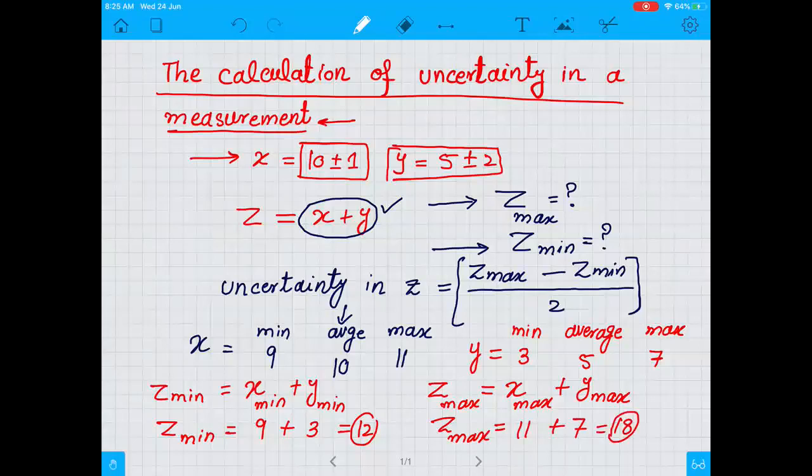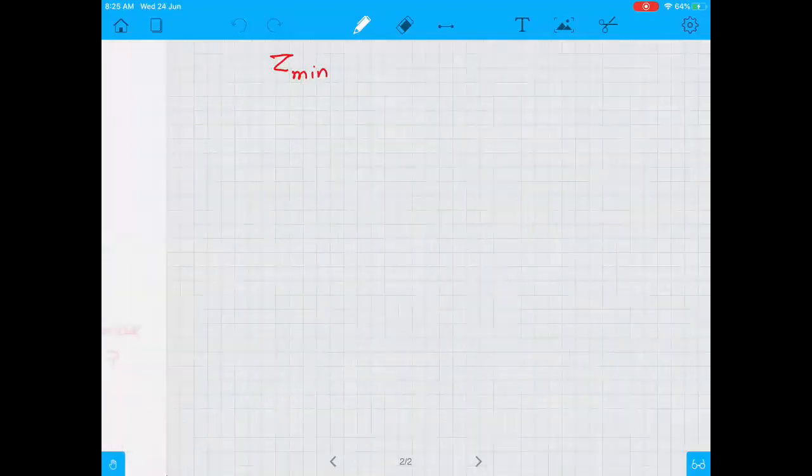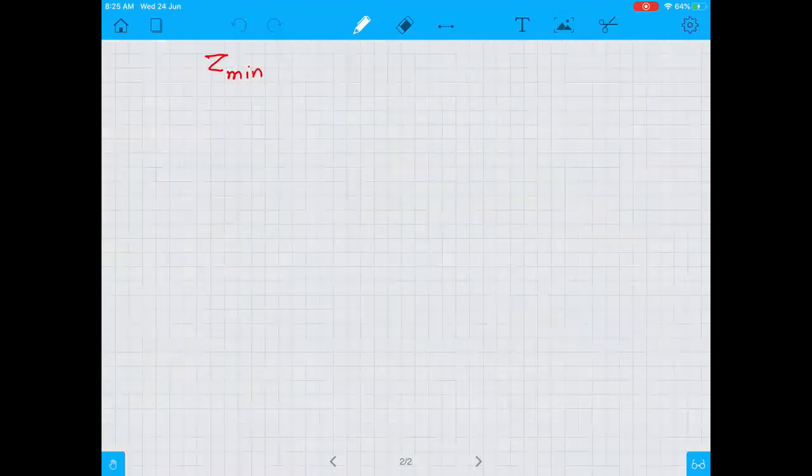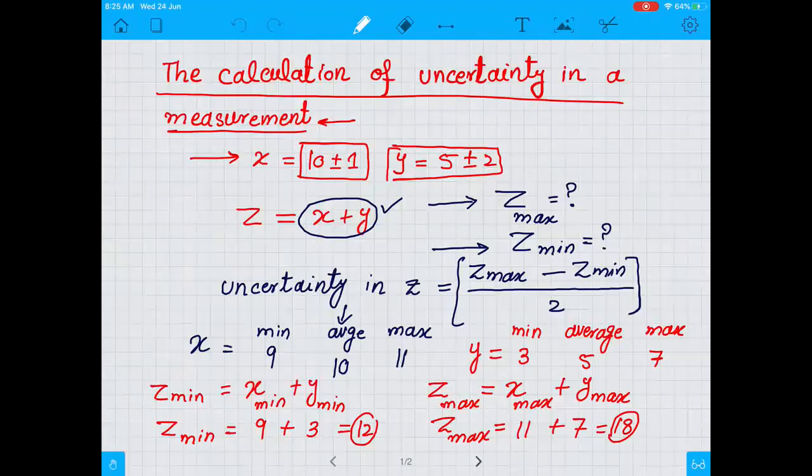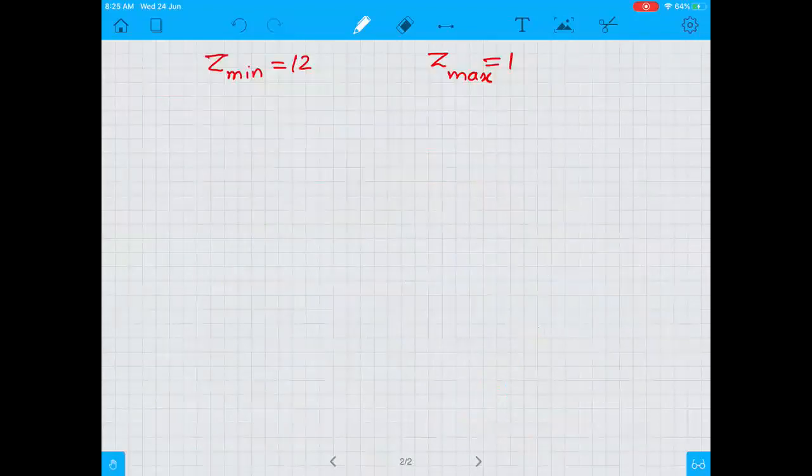Now we have the minimum value of z and the maximum value of z. Maximum z is 18, minimum z is 12.